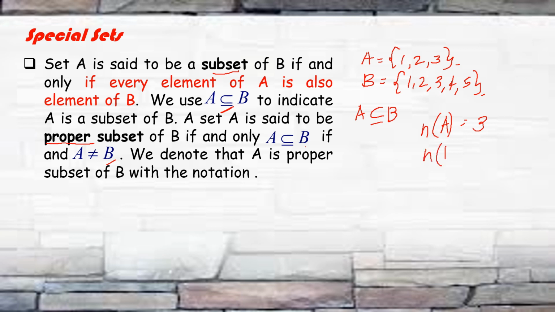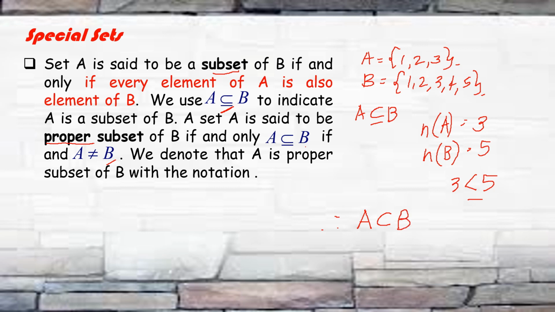And the elements in set B is 5. So, alam naman natin na 3 is less than 5. Diba? So, hindi siya equal. Tama? So, we can also say that, therefore, A is a proper subset of B.